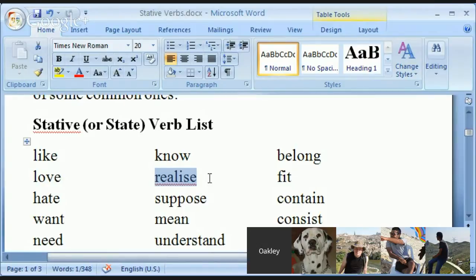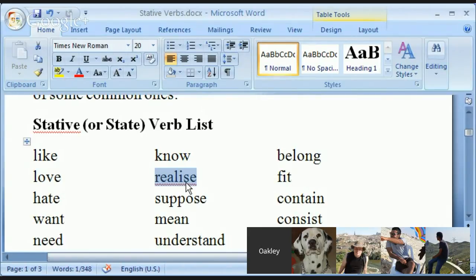He was realizing that his wife was becoming angrier and angrier when she threw the pot at his head. Okay, because realize can mean thinking of it, beginning to understand, and we can actually use this to show continuous tense. Actually, it's okay with realize.